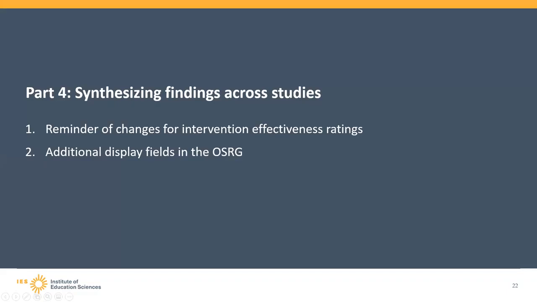Next, we will cover changes for synthesizing findings across studies, starting with a brief reminder of version 4.1 changes for intervention effectiveness ratings, and then show additional display fields in the OSRG for version 4.1 syntheses.